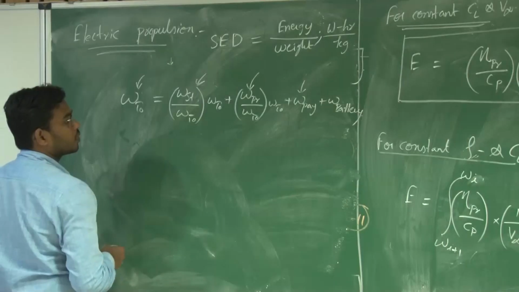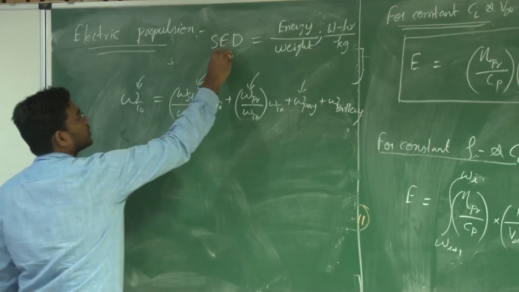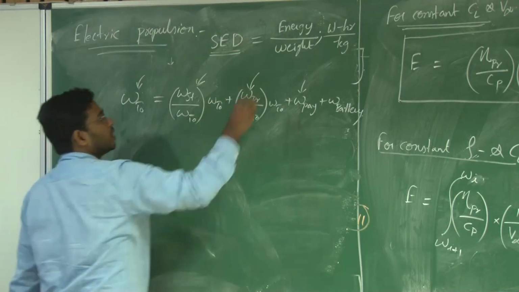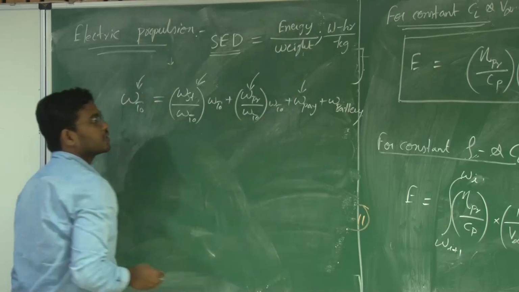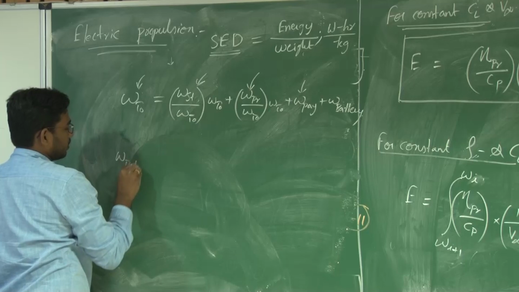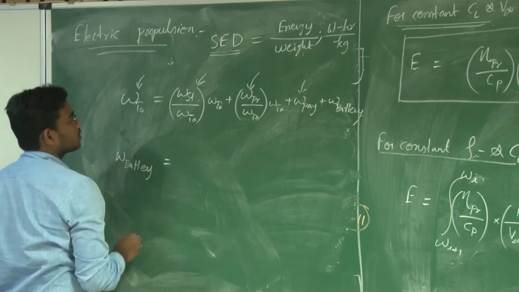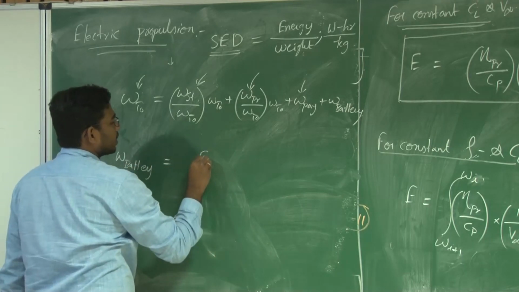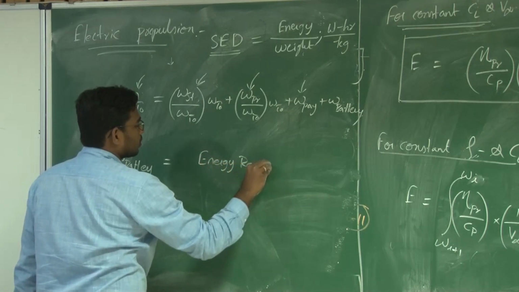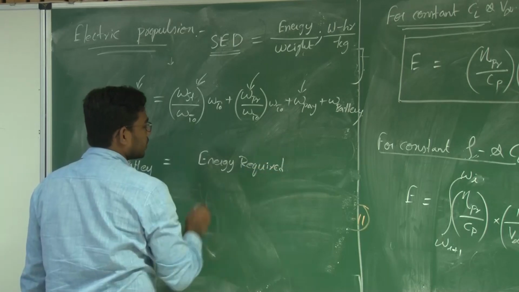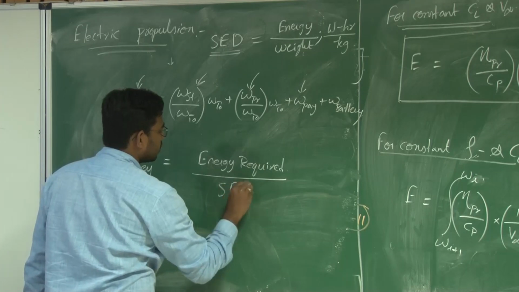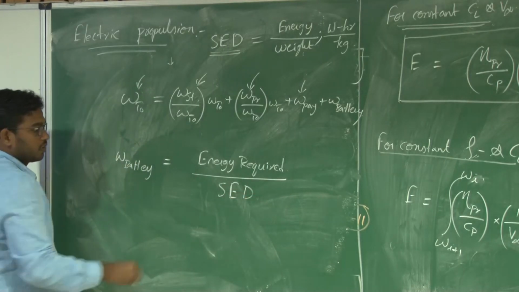Okay. So how to go ahead with this? Say we know the specific energy density, this is known. You need to know the energy so that you will get to know the weight, right? That means weight of battery is equal to energy required, or energy to be supplied to the system, divided by SED, specific energy density, right?